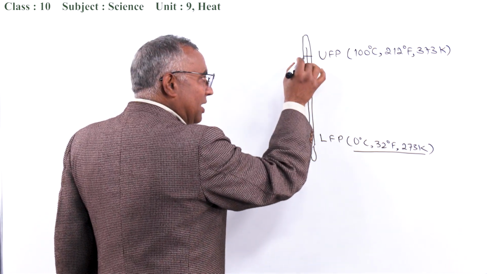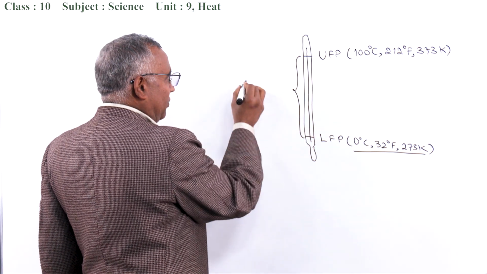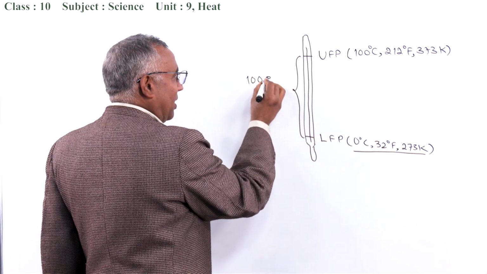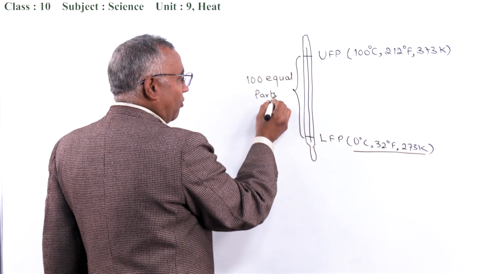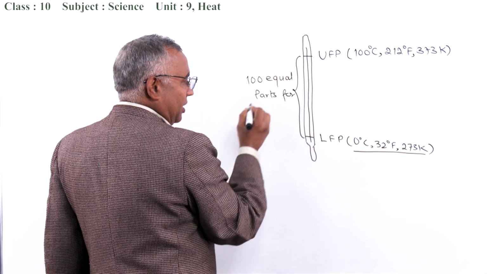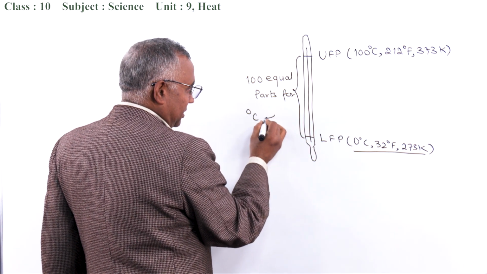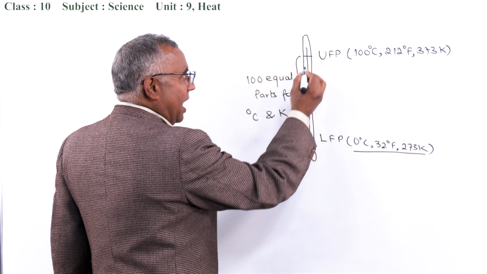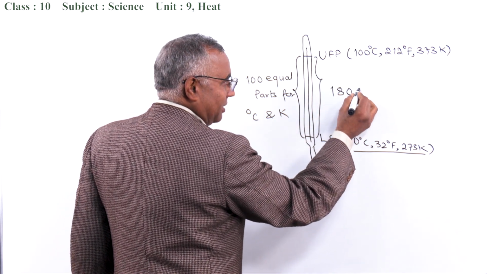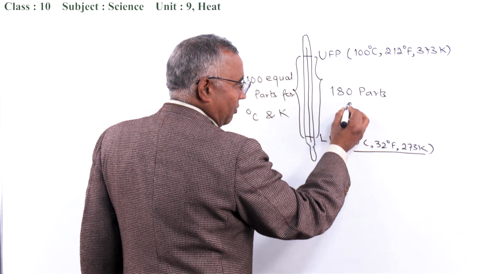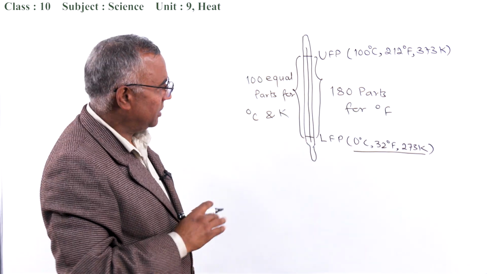So, after finding these 2 points, if this range is divided into 100 equal parts, then we make which scale? For degree Celsius and Kelvin. And if the range is divided into 180 parts, that is for degree Fahrenheit. Yes, it is clear.